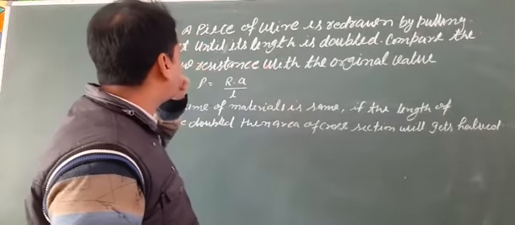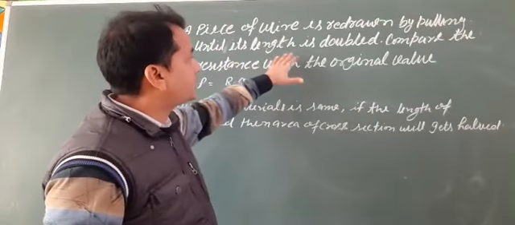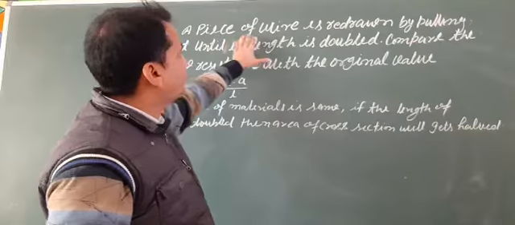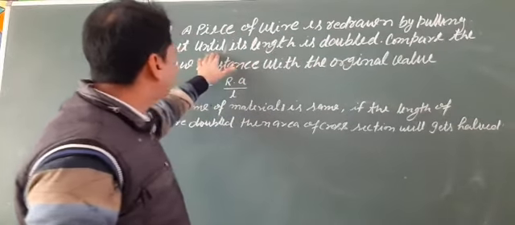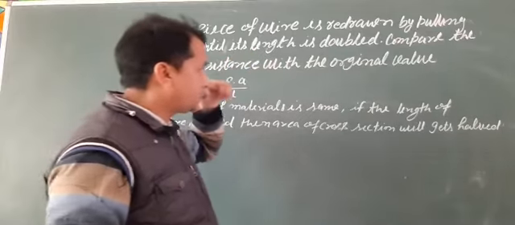In this question, the piece of wire is redrawn by pulling its length until its length is double.